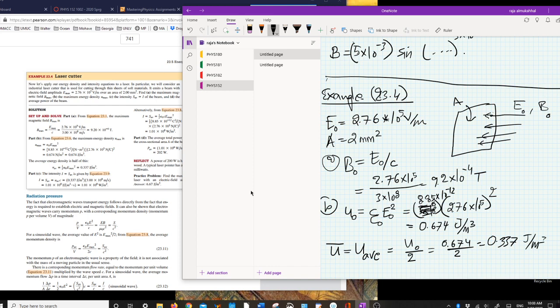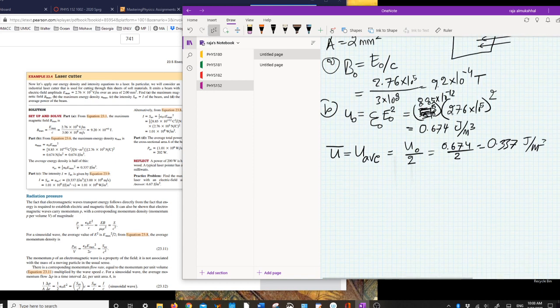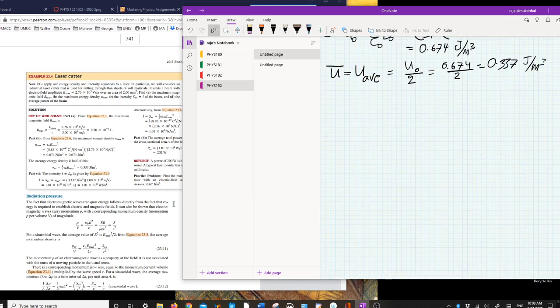Okay. The next part of the problem, part C, right? He says find the intensity I. You can call it I or S bar. Your book calls it S average, whichever you like. And then, like I said, there are different versions. You pick the version that you like.